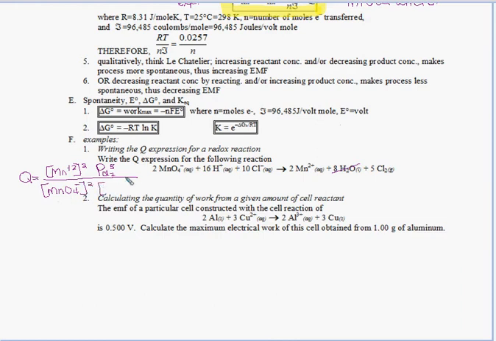Here's where it's a little upsetting, because you've got hydrogen ions, and in those hydrogen ions, you're going to raise it to the power of 16. At the same time, you've got chloride ions, and for those, you're going to raise those to the power of 10. That's where a lot of people feel uncomfortable, because thus far, the equilibrium expressions we've created have had rather small coefficients. But with redox reactions, you got to be a little bit more flexible with that.